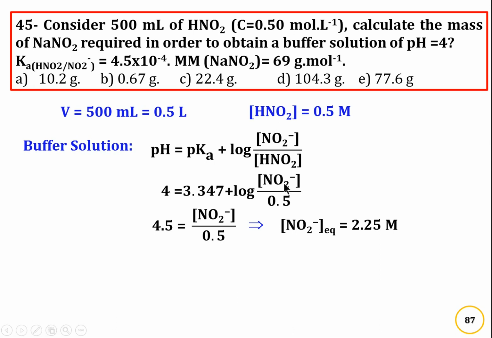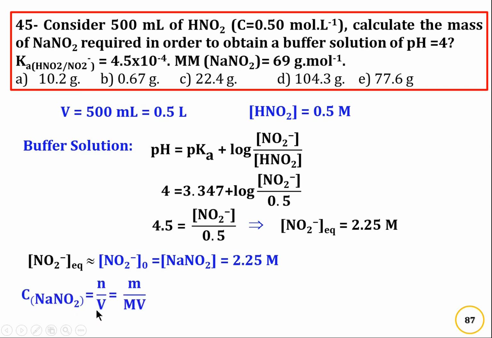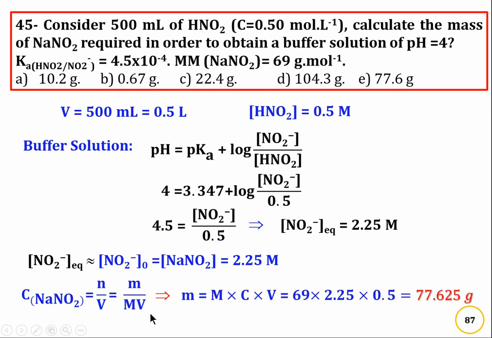By this way, we calculate the concentration of NO2- at equilibrium, which is practically the initial concentration of NO2- introduced, equal to 2.25 molar. So the initial concentration of NO2- equals the concentration of NaNO2 introduced, equal to 2.25. We apply concentration equals number of moles divided by volume, equals mass divided by molar mass times V. So the mass equals the molar mass times V times concentration.